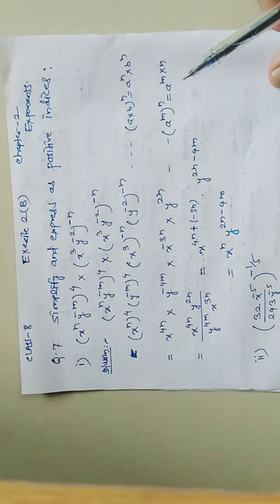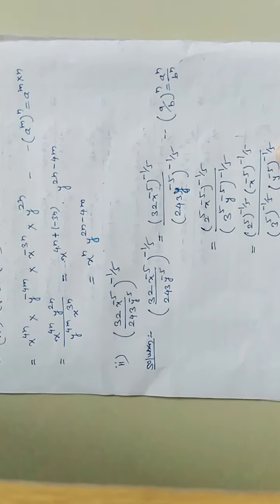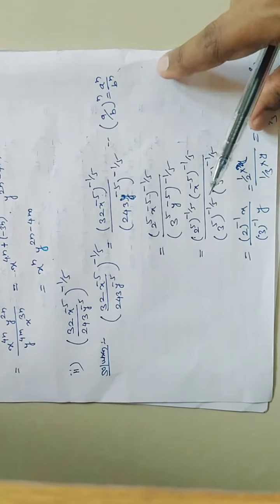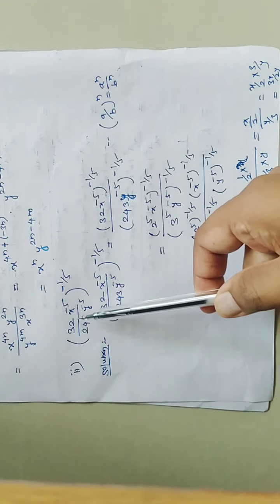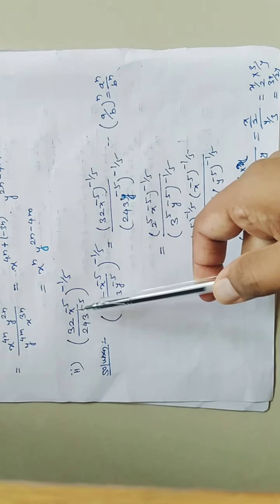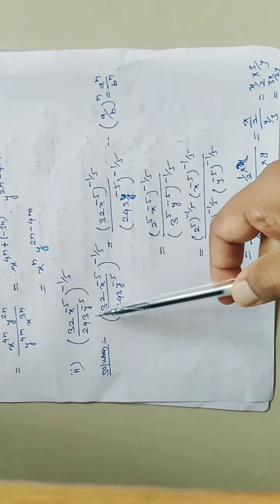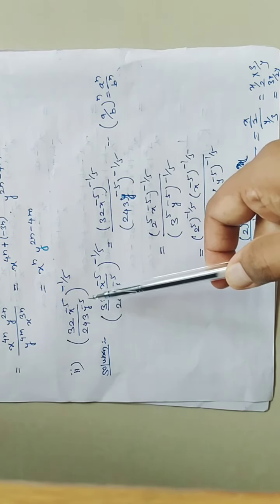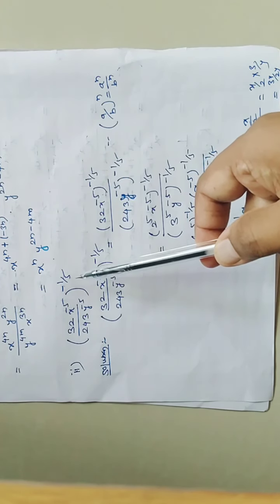Now we'll see the second example. In brackets, 32 x raised to the power minus 5 divided by 243 y raised to the power minus 5, bracket close, raised to the power minus 1 upon 5.